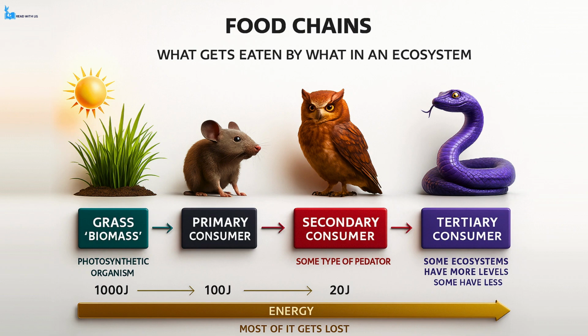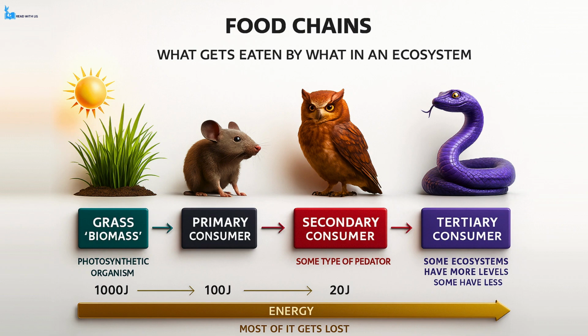Following the primary consumer is the secondary consumer, which is usually a predator that feeds on the herbivore. In this case, it might be an owl. The pattern in the terminology here is quite clear. Primary refers to the first consumer, secondary is the second, and tertiary, which is another word for third, is the next level. Some ecosystems may go on to have quaternary consumers, and others may not even reach the tertiary level.